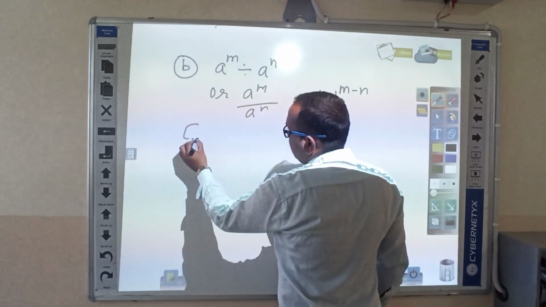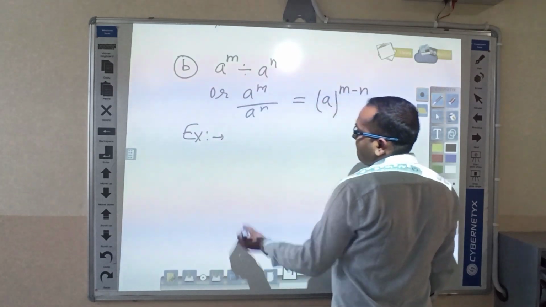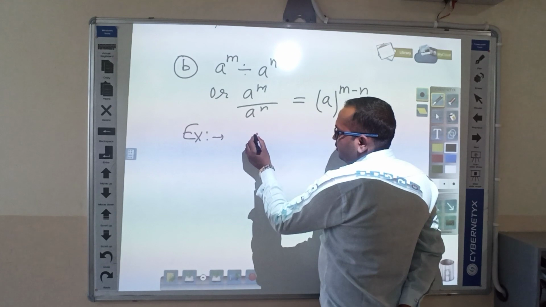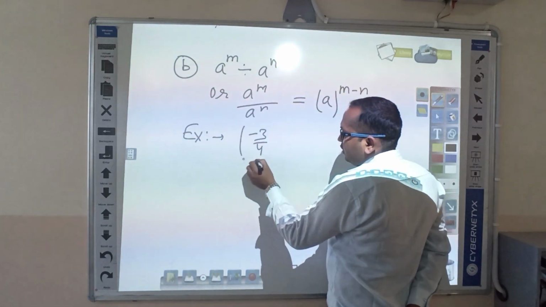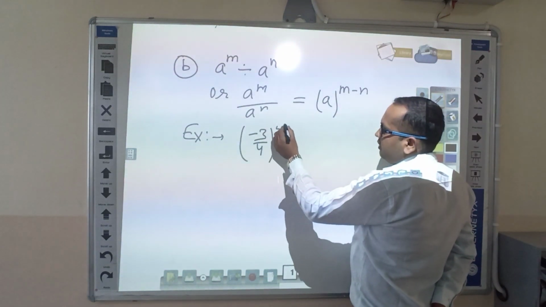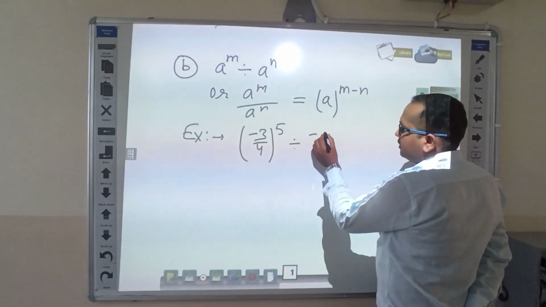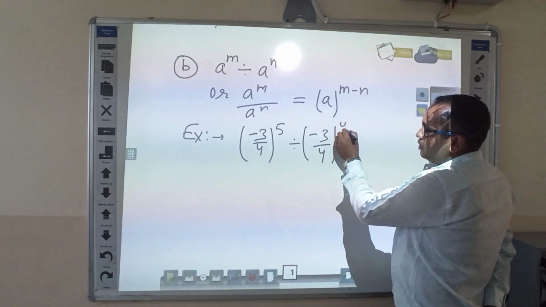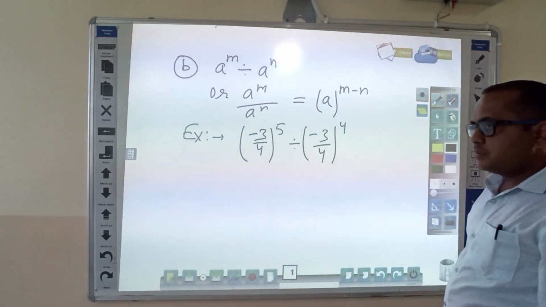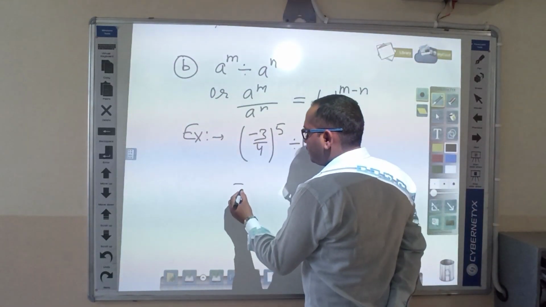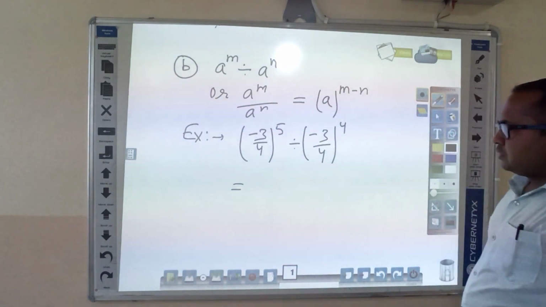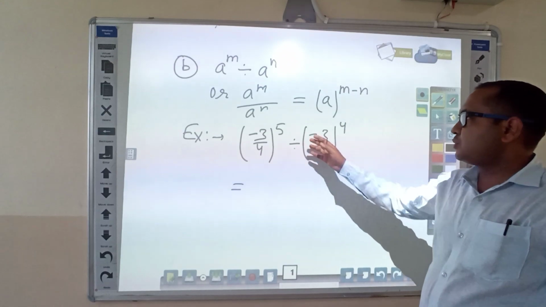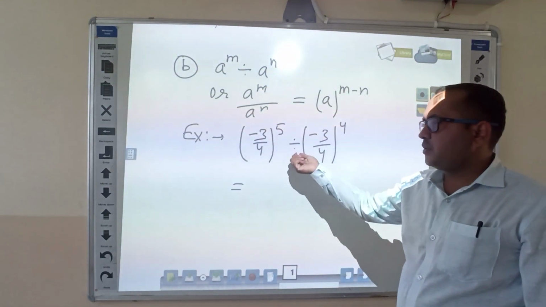We take an example of this law. Suppose minus 3 by 4 to the power 5 divided by minus 3 by 4 to the power 4. This is the question. Here we also take base as common because bases are equal and exponents are different and these two are in the division form.